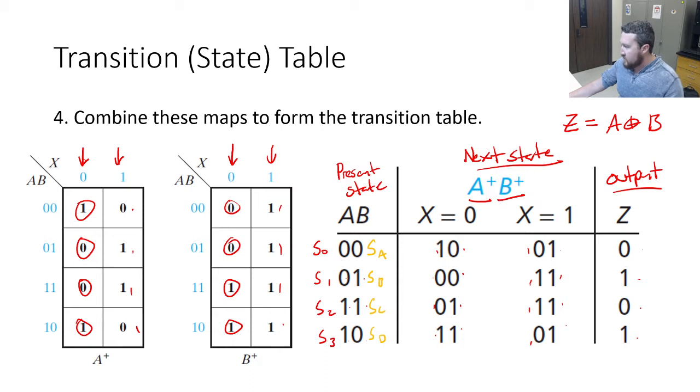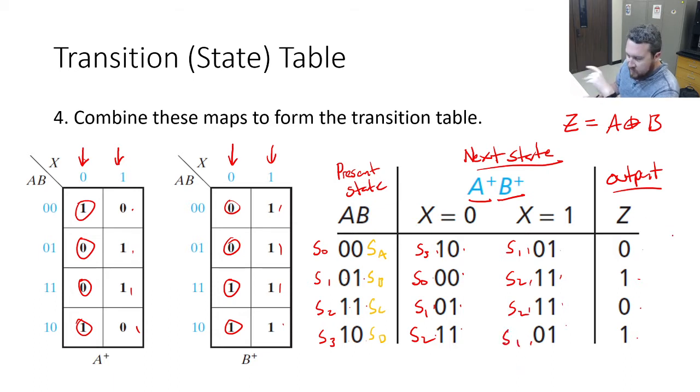And so what happens then is you look at it and say, all right, given my present state and my inputs, what are my next states going to be? So if 1, 0 is state 3, that means that's state 3, that's state 0, that's state 1, and that's state 2. And then over here we have state 1 and state 2 and state 2 again and state 1. And then output has no state, so it's not really a thing.